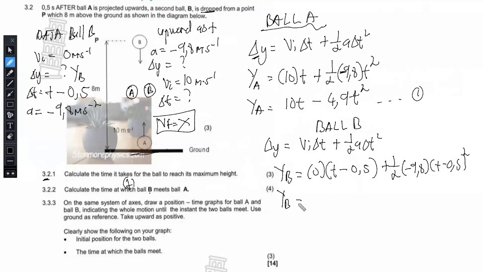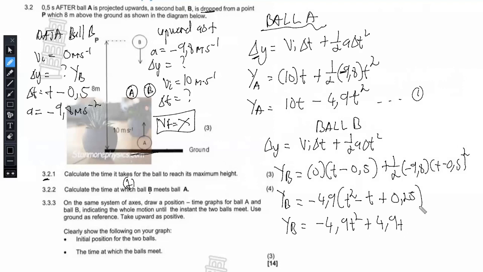So we'll end up having YB is equal to negative 4.9 times (T square minus T and then plus 0.25). So if I were to FOIL this, if you do your math, you'll end up with that. Then your YB will just be negative 4.9 T square plus 4.9 T.